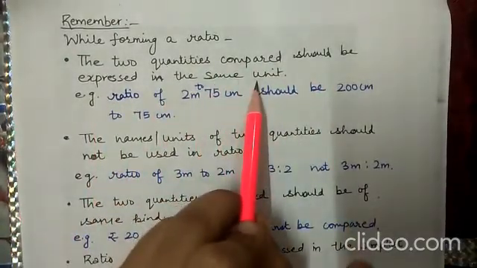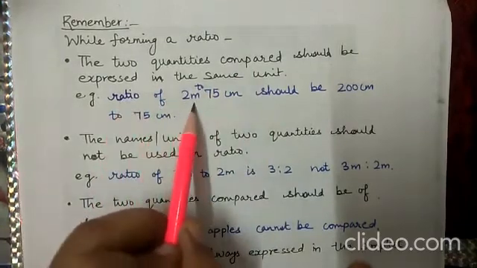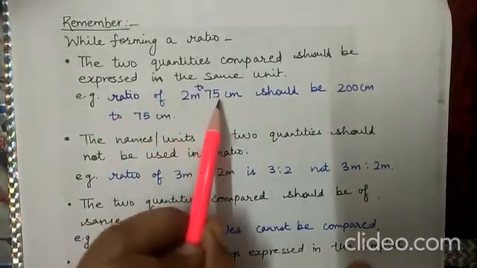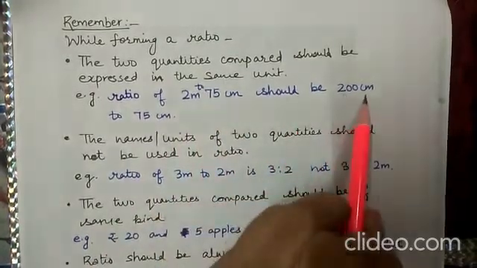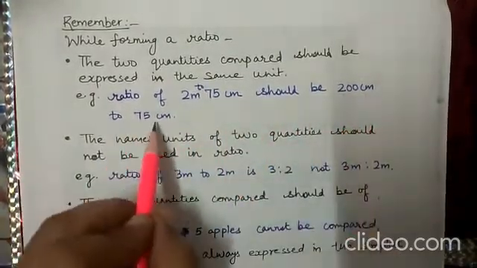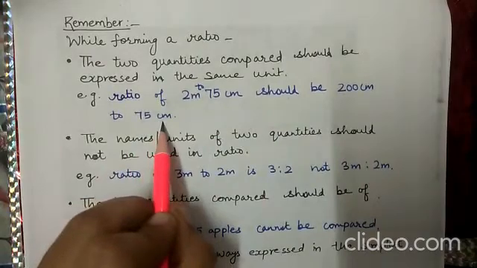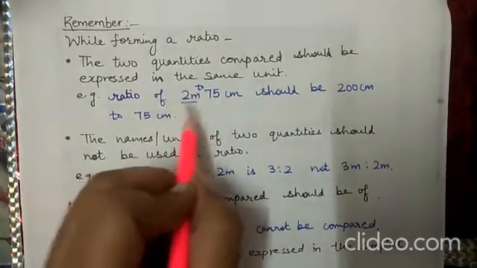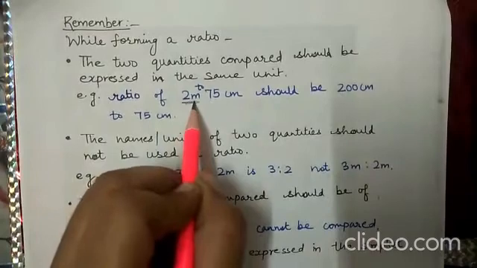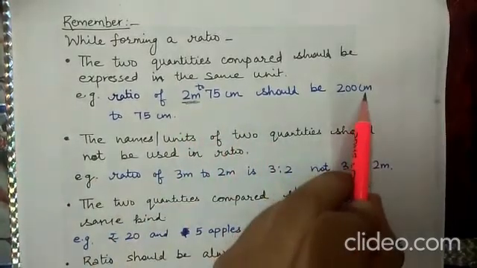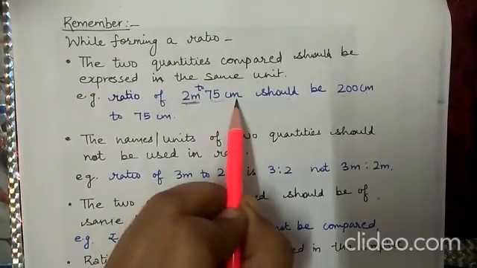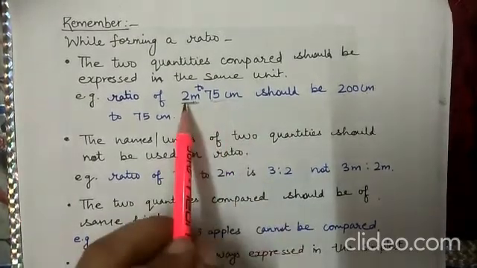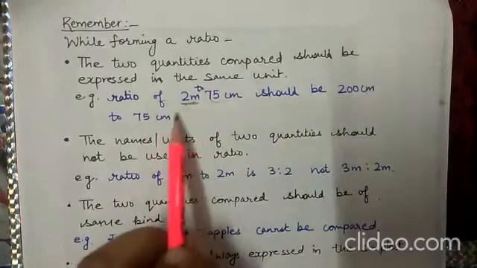For example, the ratio of 2 meter to 75 centimeter should be 200 centimeter to 75 centimeter. What I did here is convert meter into centimeter as my second value was in centimeter. That is, the comparison should be in the same units.